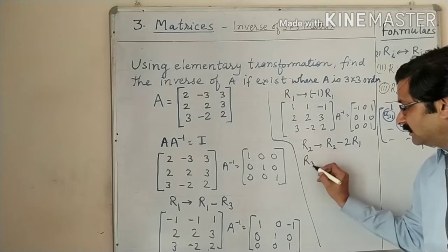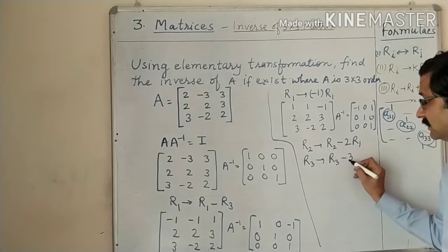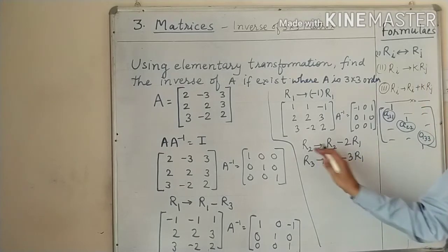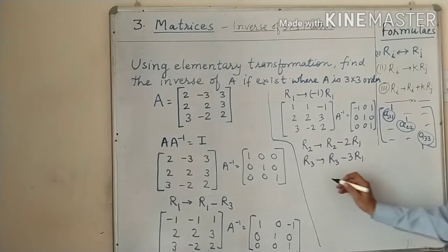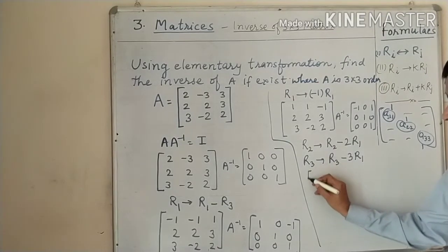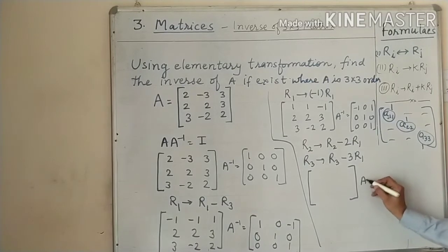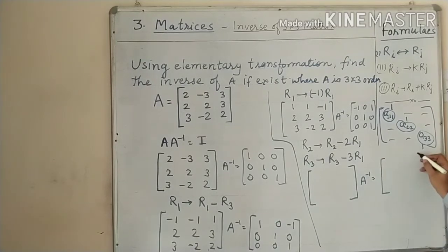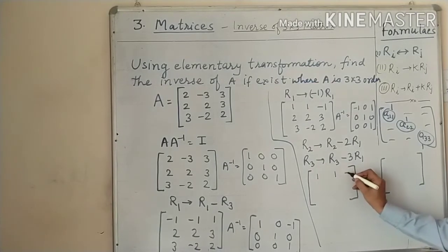Similarly, R3 becomes R3 minus 3R1. You can apply these properties together to get the solution. Now the first row is not changed, so we write the first row as it is: 1, 1, minus 1.